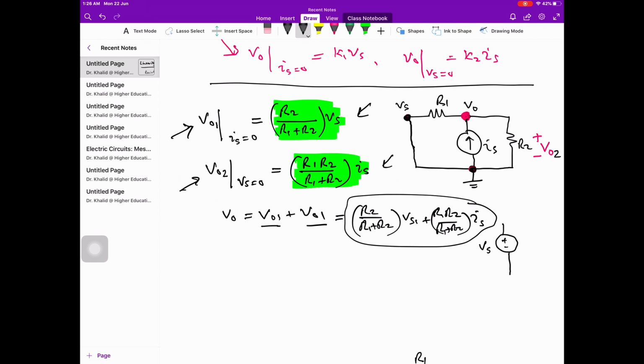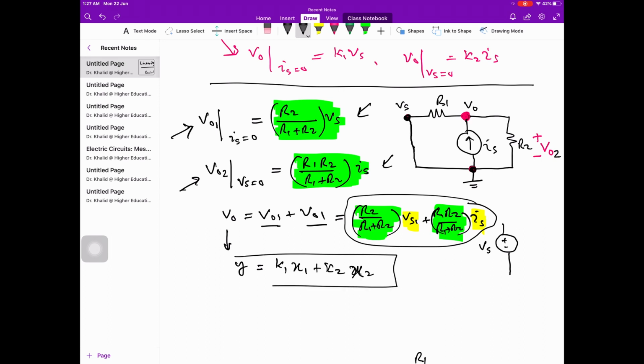Now if I say the output is Y and this coefficient is K1 and this voltage source is represented as X1, and then this coefficient is equal to K2 and the second source is represented as X2 over here.